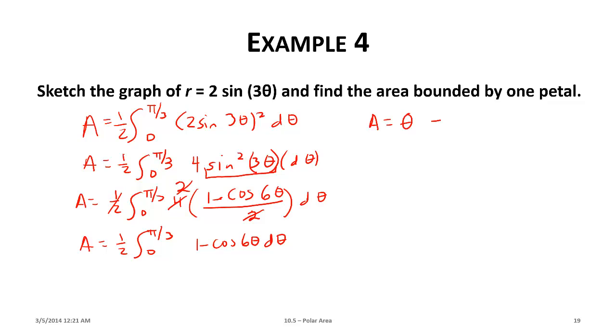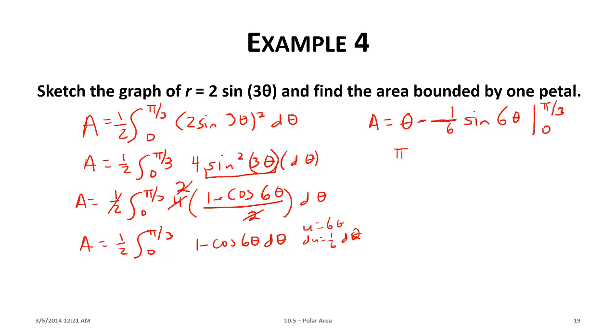You have to use the chain rule here because of the 6 theta, so it's 1 over 6 sine 6 theta, with the lower bound 0 and the upper bound still pi over 3. You could use u substitution, essentially it is u substitution: u equals 6 theta, du is 6 d theta, so d theta is 1 over 6 du.